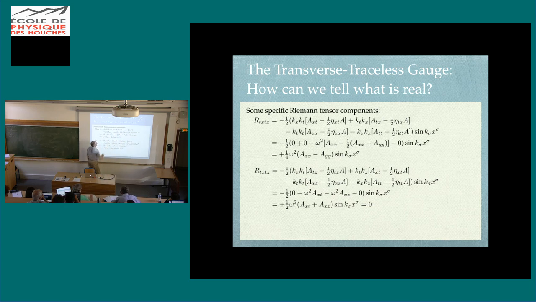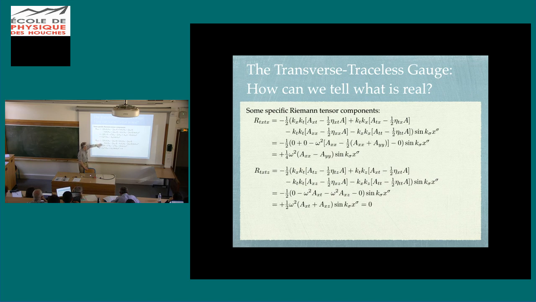I basically get the difference between a_xx and a_yy. And what this is saying is that space-time will be curved if I've got a difference between those two components. So right there you know that at least you can have real gravitational waves. You've just got to make sure that these components are different.